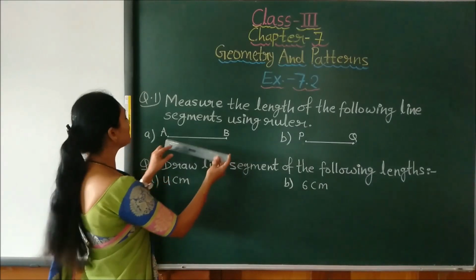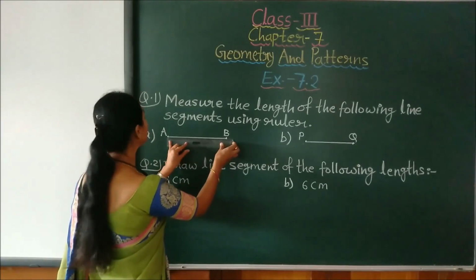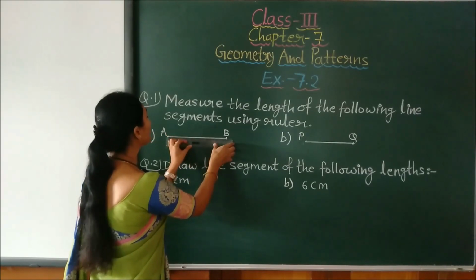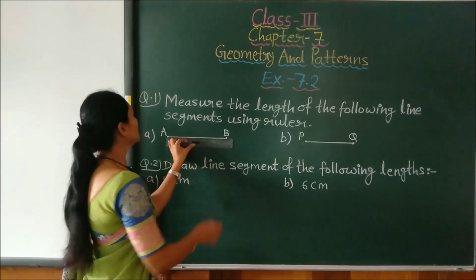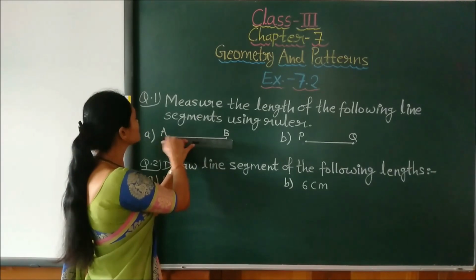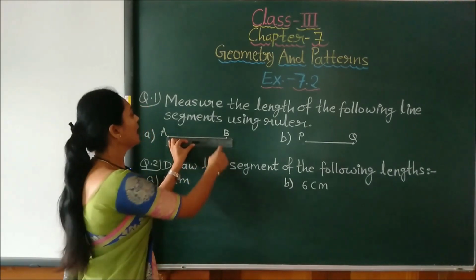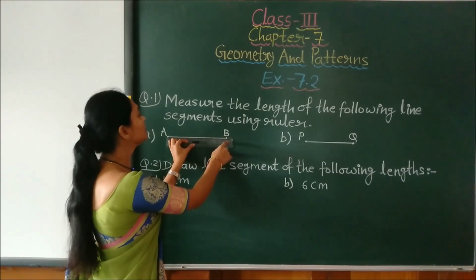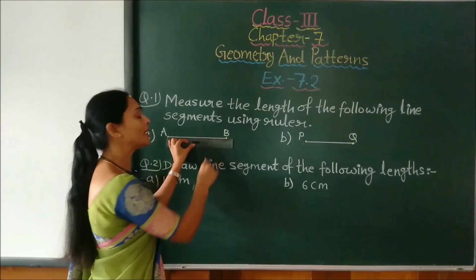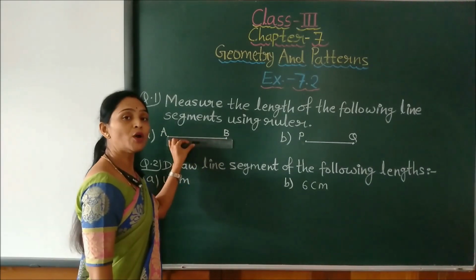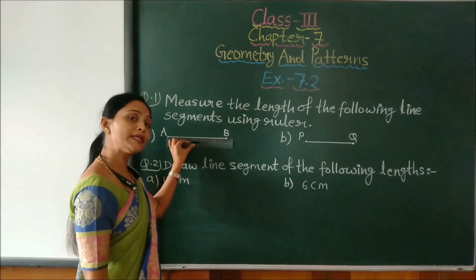See, first we have to put this ruler like this along with the line segment, and we have to see this first point, the initial point, should be on 0, and then we have to see till where this ending point is there. Yes, according to that we have to see how much is the length of this line segment.